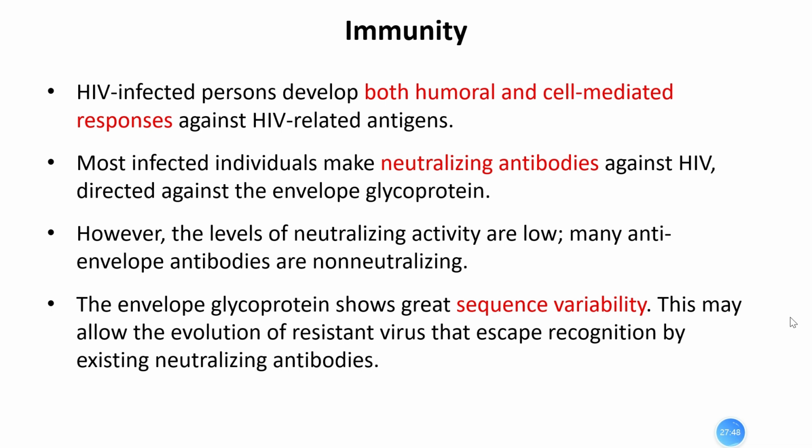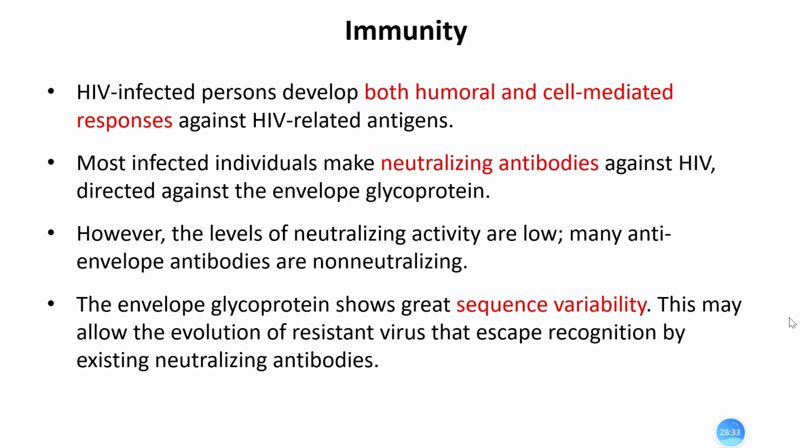HIV-infected persons develop both humoral and cell-mediated responses against HIV-related antigens. And most infected individuals make neutralizing antibody against HIV. So their immune system is working, directed against the envelope glycoprotein, but those neutralizing antibodies are not fully sufficient because the levels of the neutralizing activity are relatively low, and the virus is always changing.